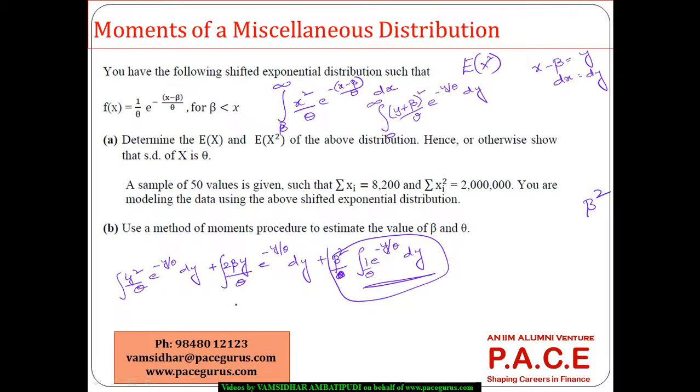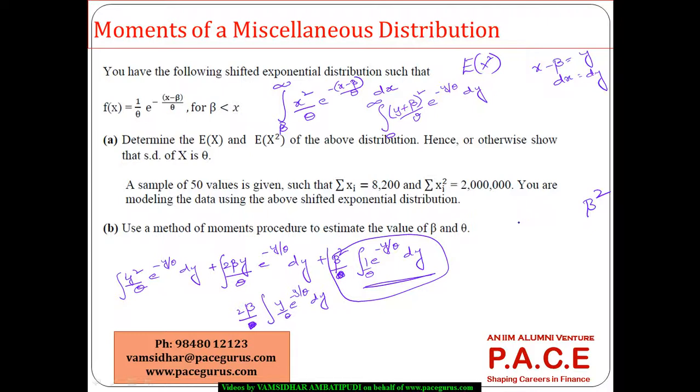Now this also, if I take out 2 beta, and I am integrating y by theta e to the power of minus y by theta dy, this was nothing but the mean, which we got as theta.